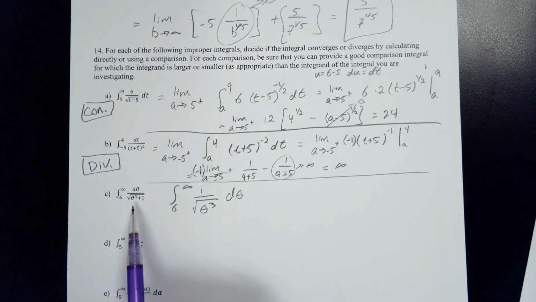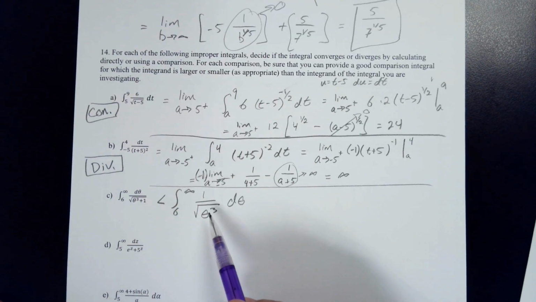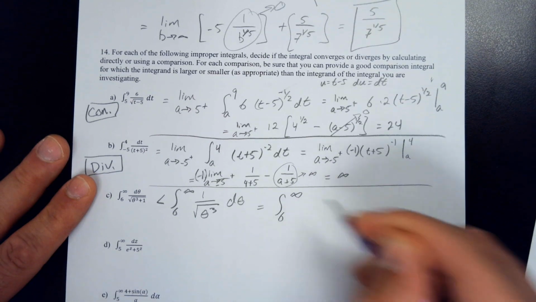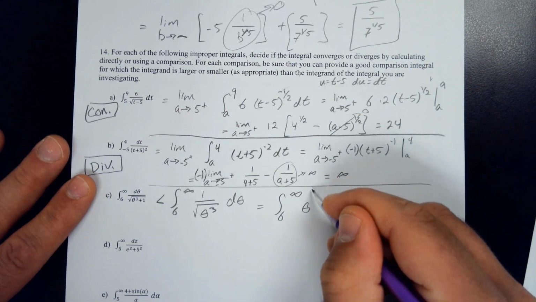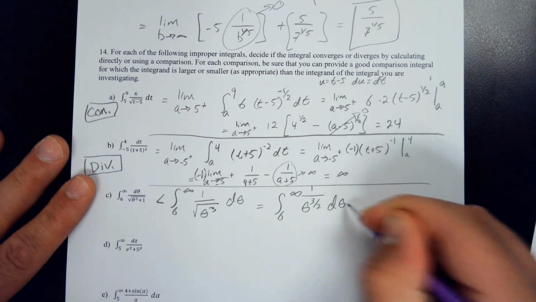The only difference is that this one is just a little bit bigger on the denominator. Well, if the denominator is a little bit bigger, this integrand is a little bit bigger. Well, this falls into one of those categories because this is the integral from 6 to infinity of 1 over theta to the 3/2 power, d theta.